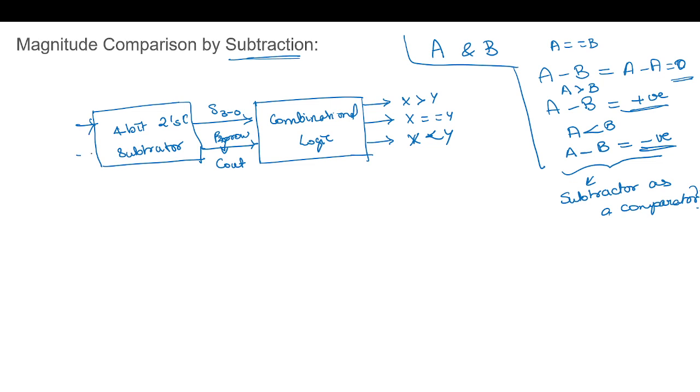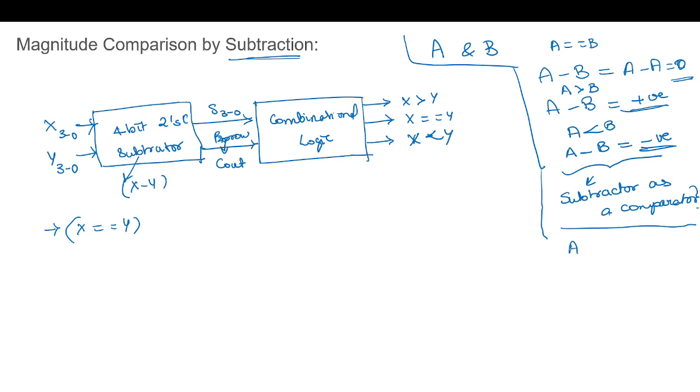So we have inputs X and Y. These are 4-bit inputs. We are performing X minus Y. Now if X is equal to Y, we have already seen the 2's complement based subtraction.